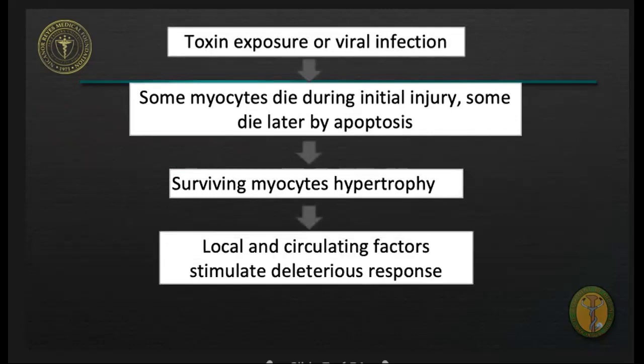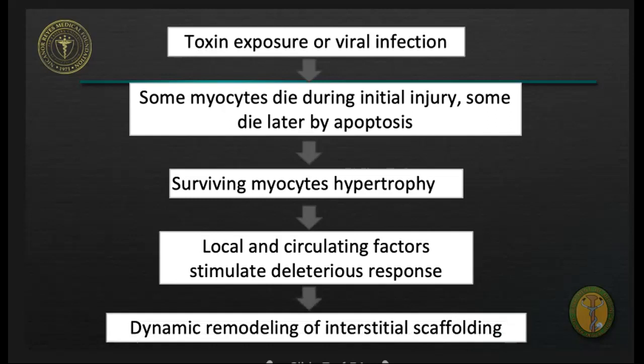Local and circulating factors stimulate deleterious responses that contribute to the progression of the disease even in the absence of further primary injury. Dynamic remodeling affects diastolic function and the amount of ventricular dilatation. Mitral regurgitation commonly develops as the valvular apparatus becomes distorted, so there is secondary mitral regurgitation.